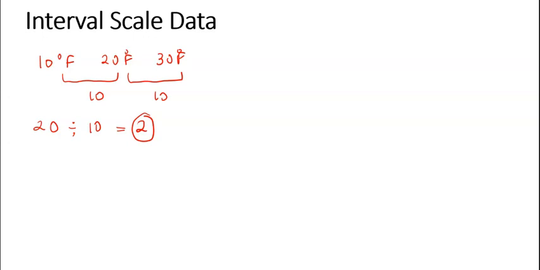For example, 0 degrees Fahrenheit is not the lowest temperature, because you could have negative temperatures: -10, -20, -30. The order matters, as 10 degrees is less than 20 degrees and 20 degrees is less than 30 degrees. You can put them in ascending or descending order.